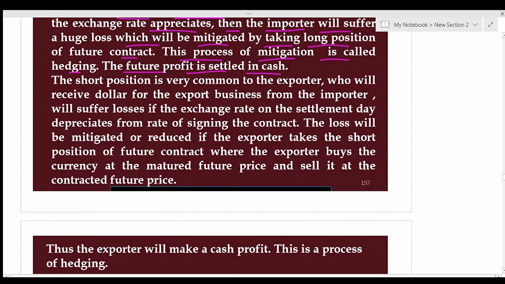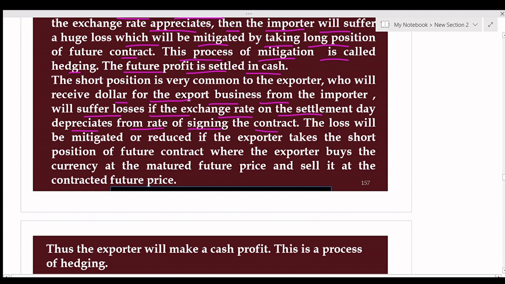The short position is very common to the exporter, who will receive dollars for the export business from the importer, and will suffer losses if the exchange rate on the settlement day depreciates from the rate at signing the contract.